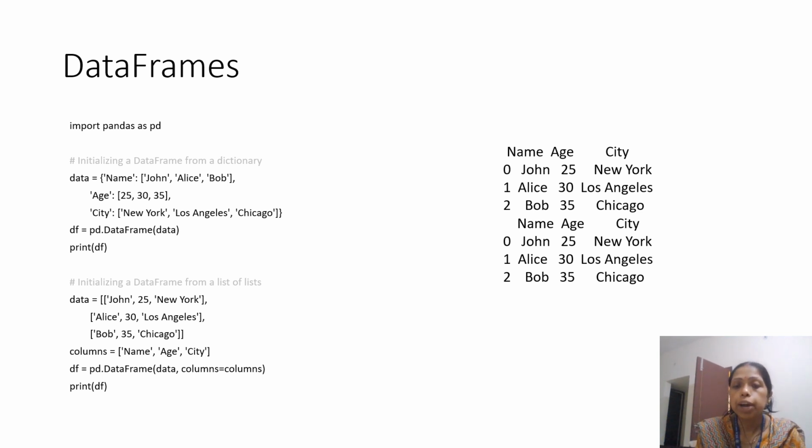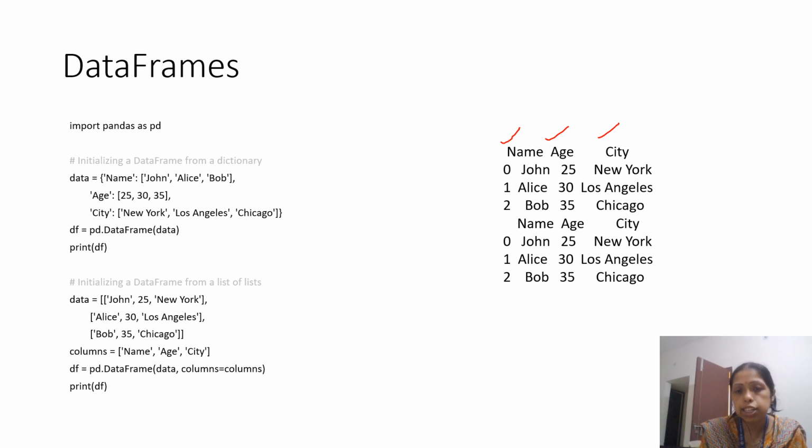Suppose you want to create a dictionary. Name is the key, and these are the values, and the values are in the form of a list. Age is the key, and 25, 30, 35 are the values. City is the key, and New York, Los Angeles, Chicago are the values. First you write the key, then a colon, then the values.